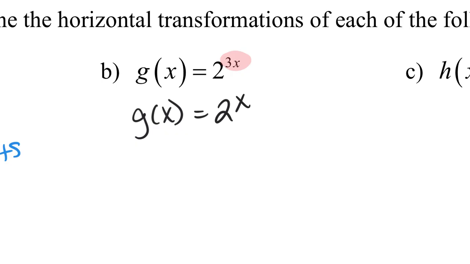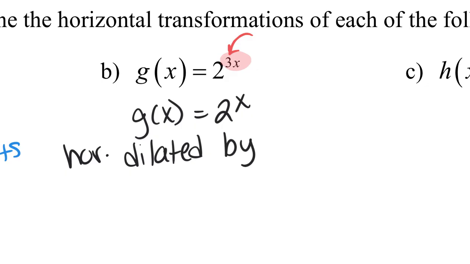Then I look at my scale factor, my dilation, what I'm multiplying by. It is a liar, so I'm going to take this function and dilate it horizontally, a horizontal dilation, by not a factor of 3, but of 1/3, because anything that's doing business with that x is a liar.